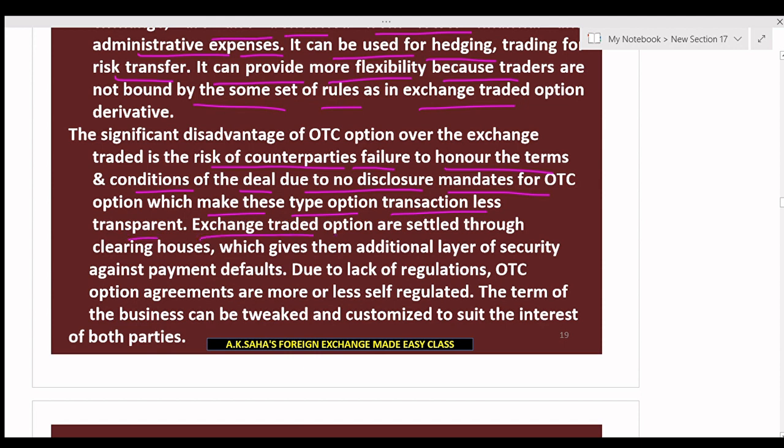Exchange traded options are settled through the clearing house, which gives them an additional layer of security against payment defaults. Due to lack of regulations, OTC option agreements are more or less self-regulated. The terms of the business can be tweaked and customized to suit the interest of both parties.